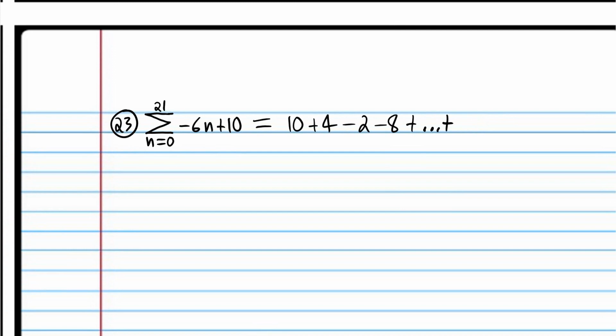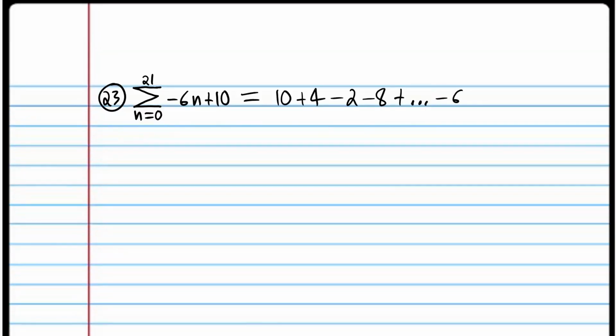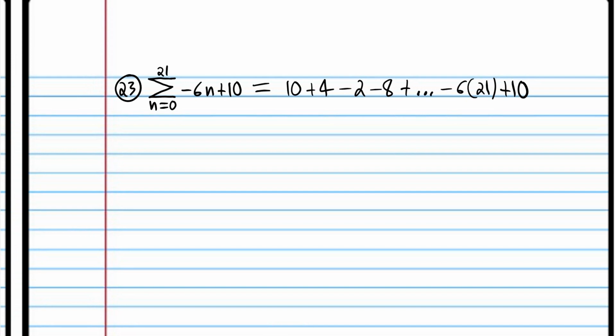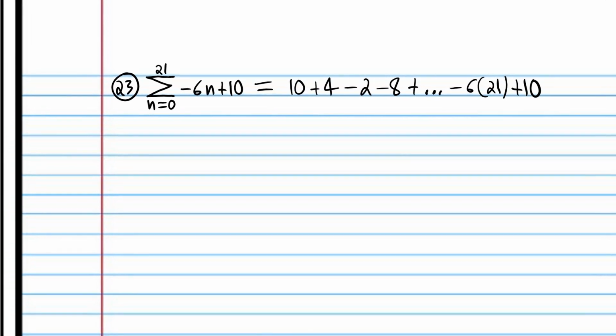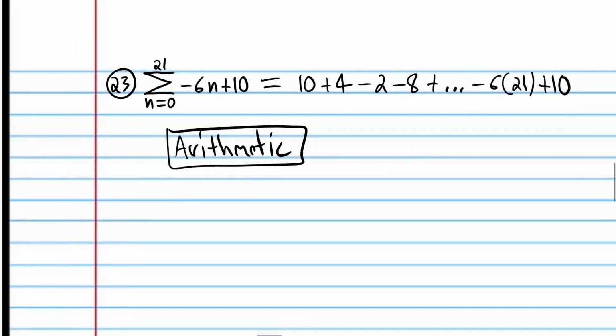The last term you're going to plug in would be negative 6 times 21 plus 10. So this is obviously an arithmetic series, and so we're going to use our formula for the sum of the first n terms of an arithmetic sequence.